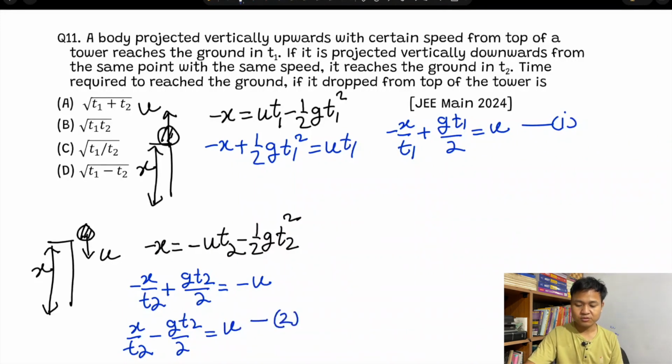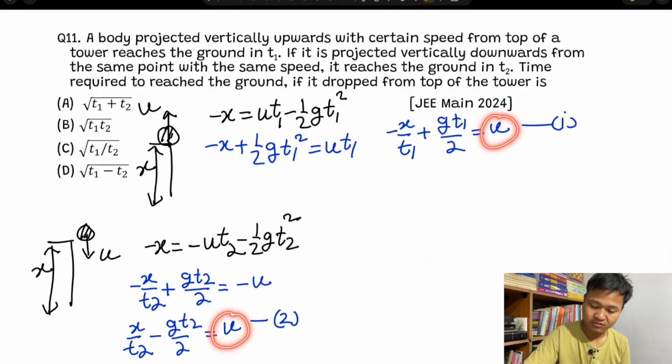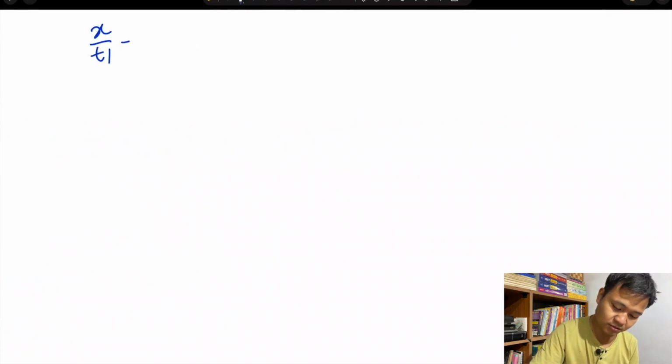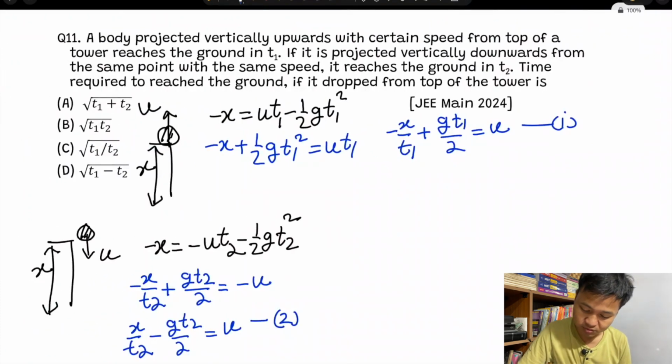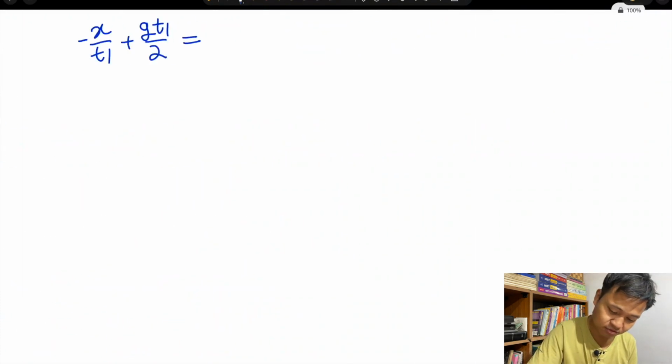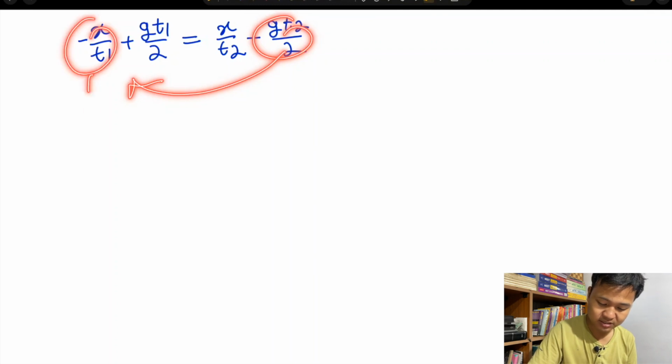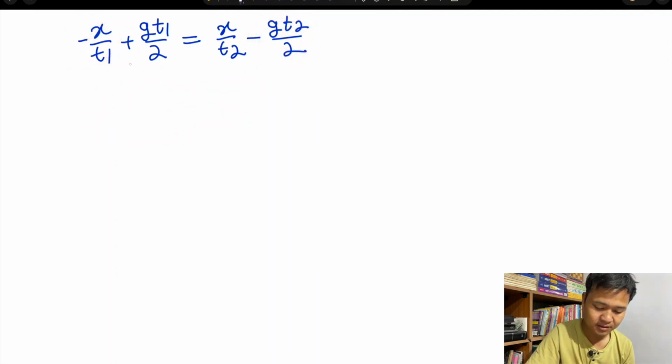If you see equation 1 and equation 2, the right hand side is the same, therefore the left hand side must be the same. Minus x by t1 plus g into t1 by 2 should be equal to x by t2 minus g into t2 by 2. Now transfer this to one side and this to the other side.